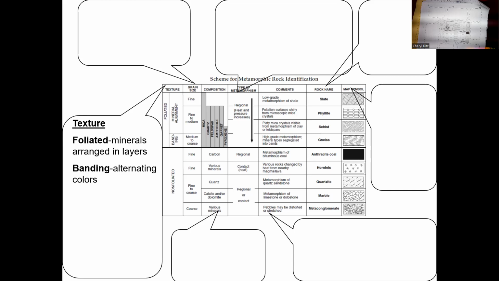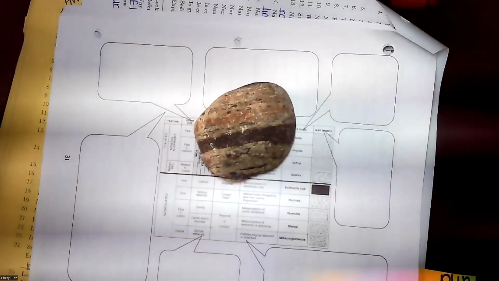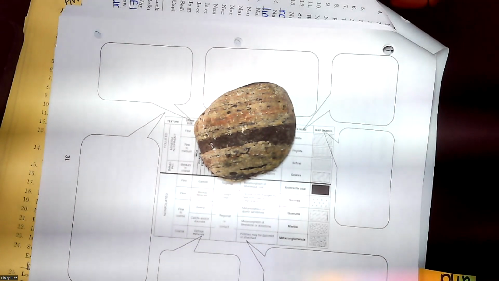So banding has alternating layers of color. Let me show you one of these. Here is a metamorphic rock with layers. It has banding. Why do you think they call it banding? It looks like there's bands.